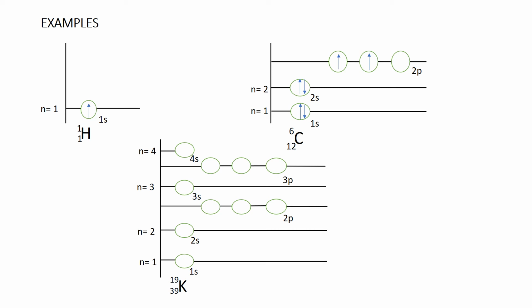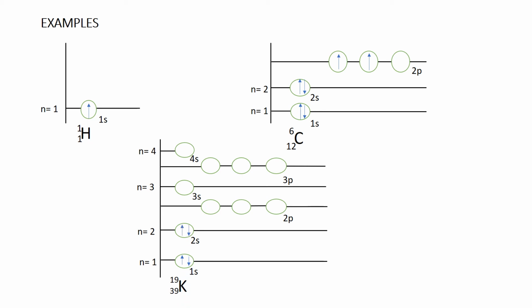Okay, then we move on to our last example, potassium. So potassium has 19 electrons because it has 19 protons. How are we going to represent that? So we need to fill in 19 electrons. We fill in the 1s orbital first with the 2 electrons.